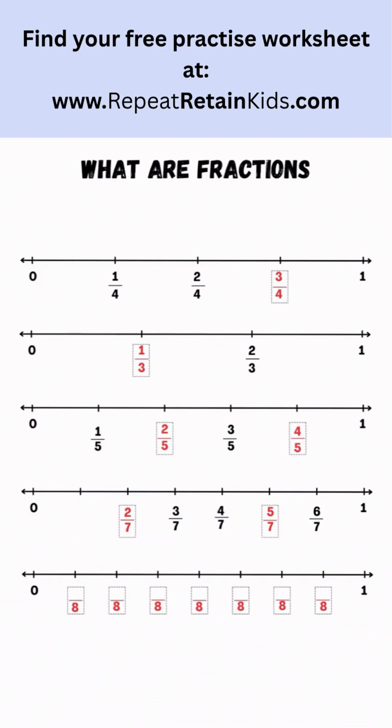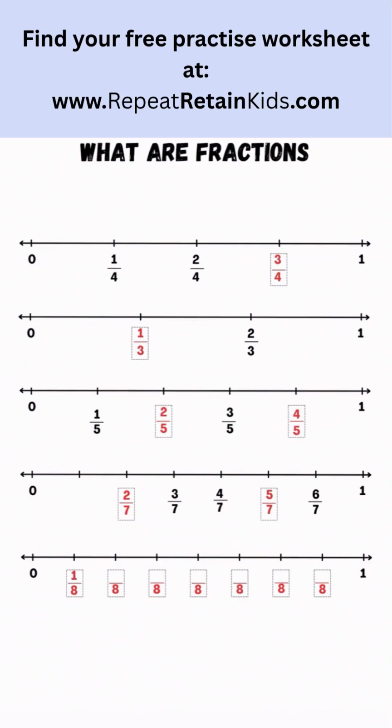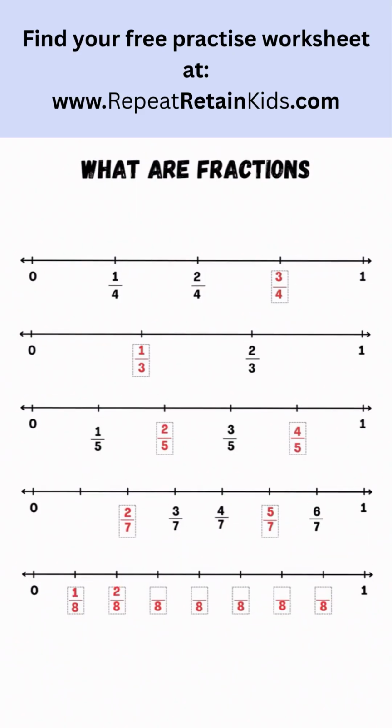Okay, so that's going to be 1 over 8, 2 over 8, 3 over 8, 4 over 8, 5 over 8, 6 over 8, and 7 over 8. This technically would be 8 over 8, because as I taught you at the beginning, the same numerator and denominator always equals 1. Okay, I hope that's a bit clearer now.